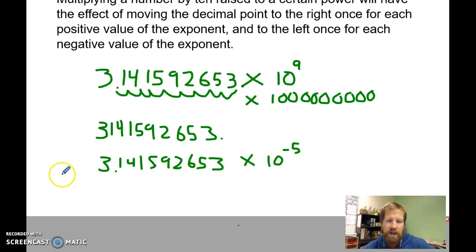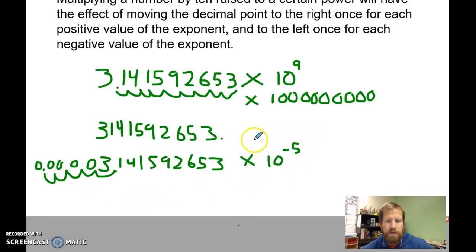I'm going to go to the left. Right? So I'm going to go 1, 2, 3, 4, 5. There's my new decimal place. I'd have 0, 2, 3, 4 more zeros. And then if I want, I can throw my 0 on the left of my decimal place.